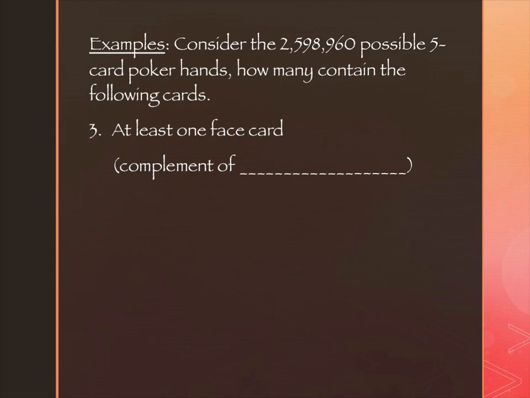No face cards. I want to avoid saying number cards because it doesn't include the ace. That's the only reason I said that. If you included the ace as a number card in your mind, that'd be all right. But this is having at least 1 face card, and the logical opposite, the negation, the complement, is having no face cards.